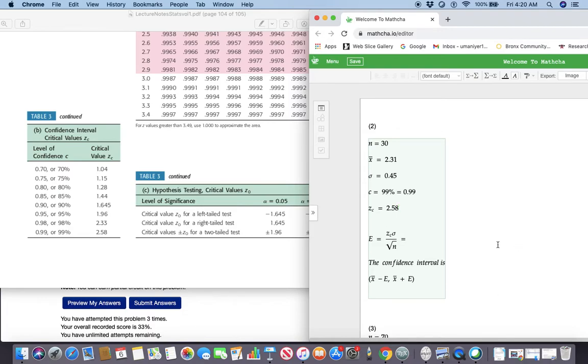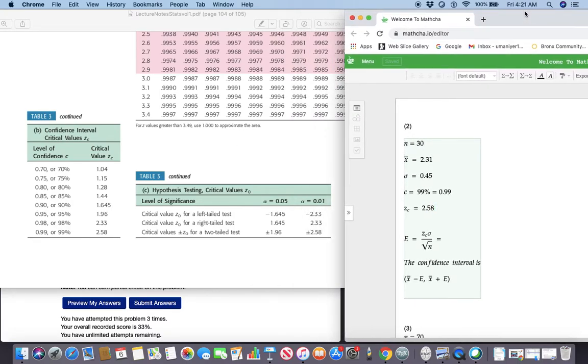Now mind you, if you actually look using the table, it would come to 2.575. So you might want to first try with this, and if this doesn't work, try 2.575.